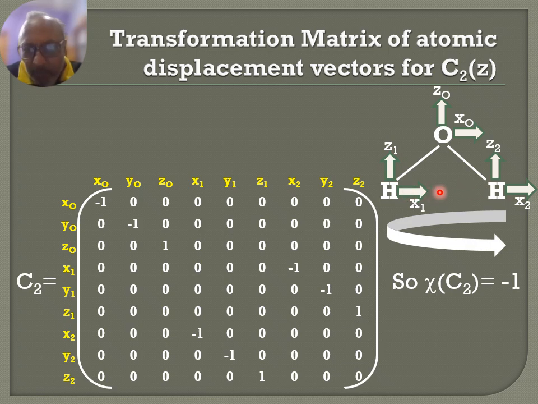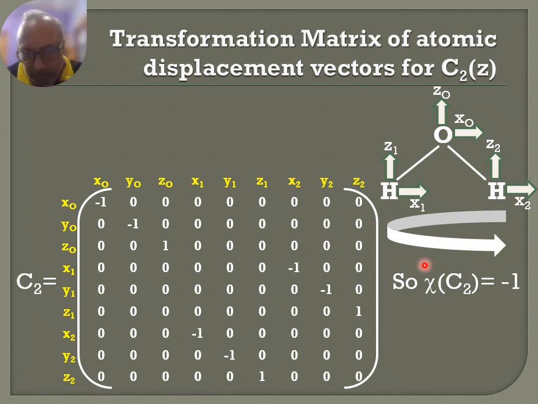As far as x1 and x2 are concerned, since the C2 operation moves hydrogen atom 1 to the position of hydrogen atom 2 and moves hydrogen atom 2 to the position of hydrogen atom 1, x1 goes to minus x2 and x2 goes to minus x1. z1 goes to z2 and z2 goes to z1. y1 goes to minus y2 and y2 goes to minus y1.